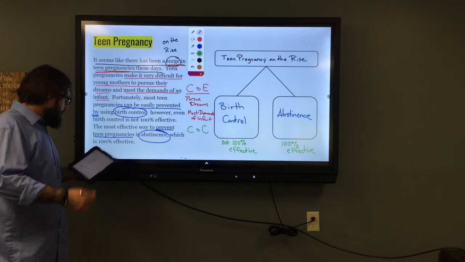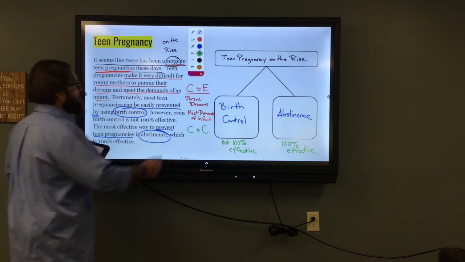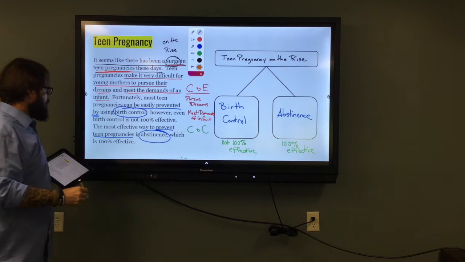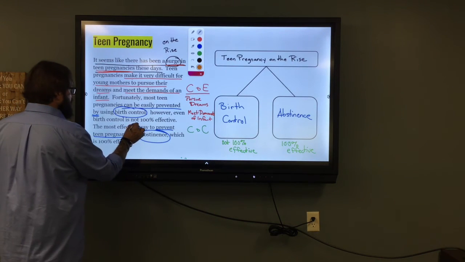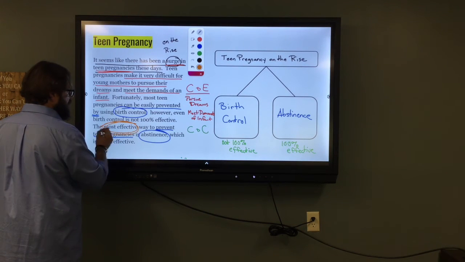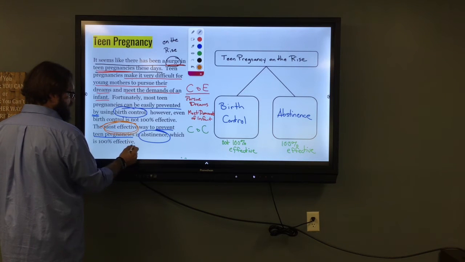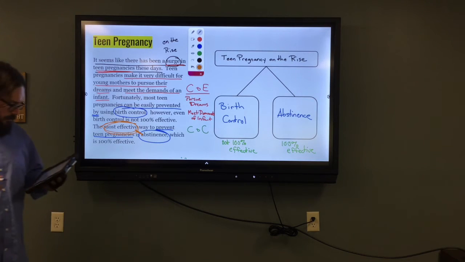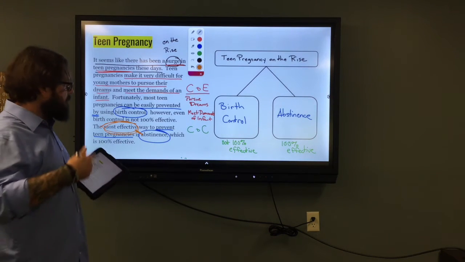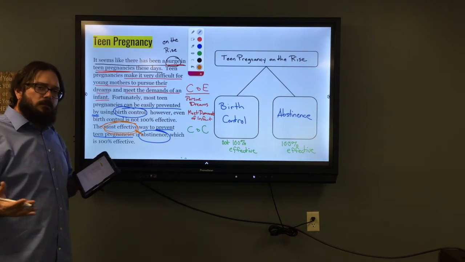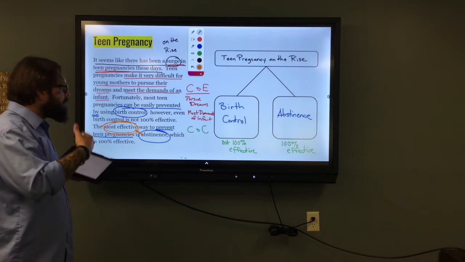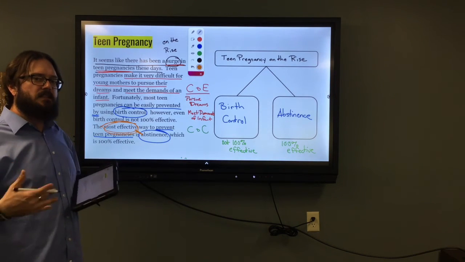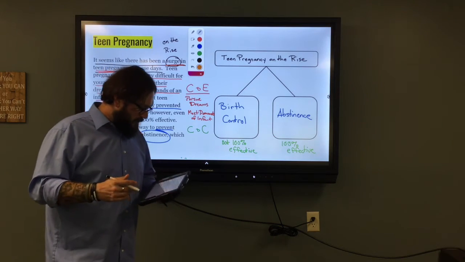And then finally, we see sequence, order of degree, because abstinence is referred to as the most effective between the two. So abstinence is seen as most effective. So that tells us that the author seems to be leaning towards abstinence as the best solution to prevent teen pregnancy.